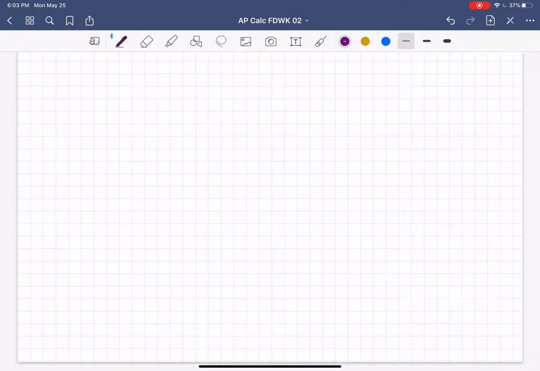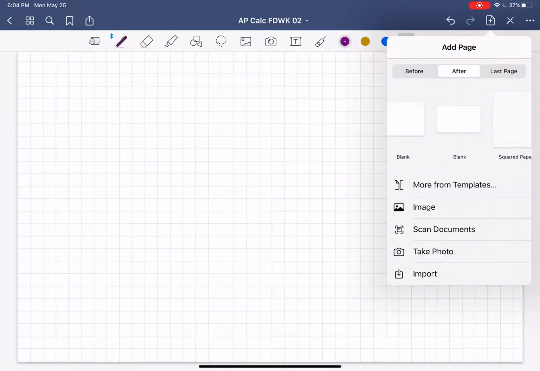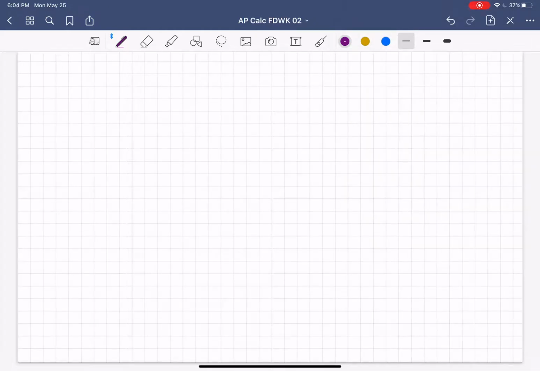Anyways, so we have our limit notation. So let's just take some notes. The limit as x approaches a of f of x. The book says capital L for that.